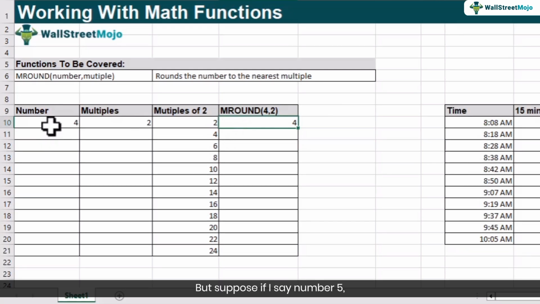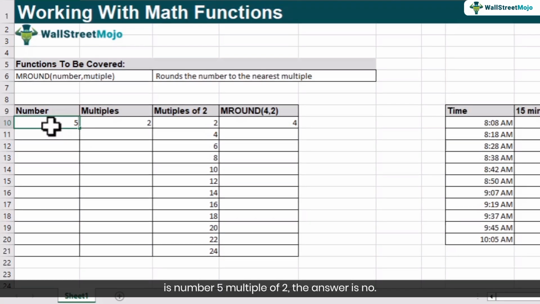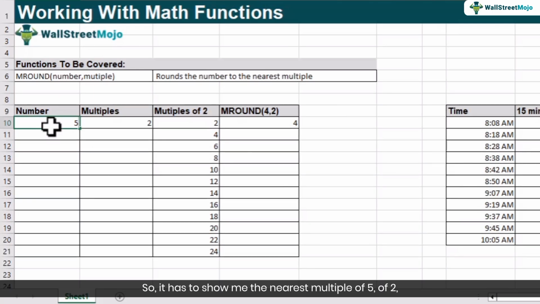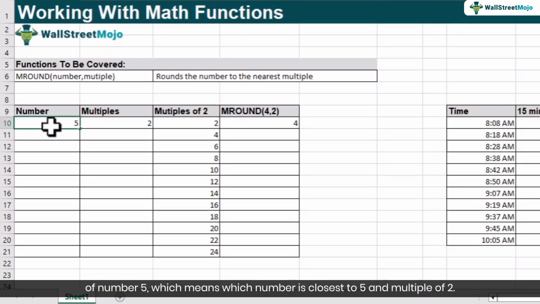But suppose I say number 5. Is number 5 a multiple of 2? The answer is no. Then what will mRound 5, 2 show? It has to show me the nearest multiple of 2 to number 5.